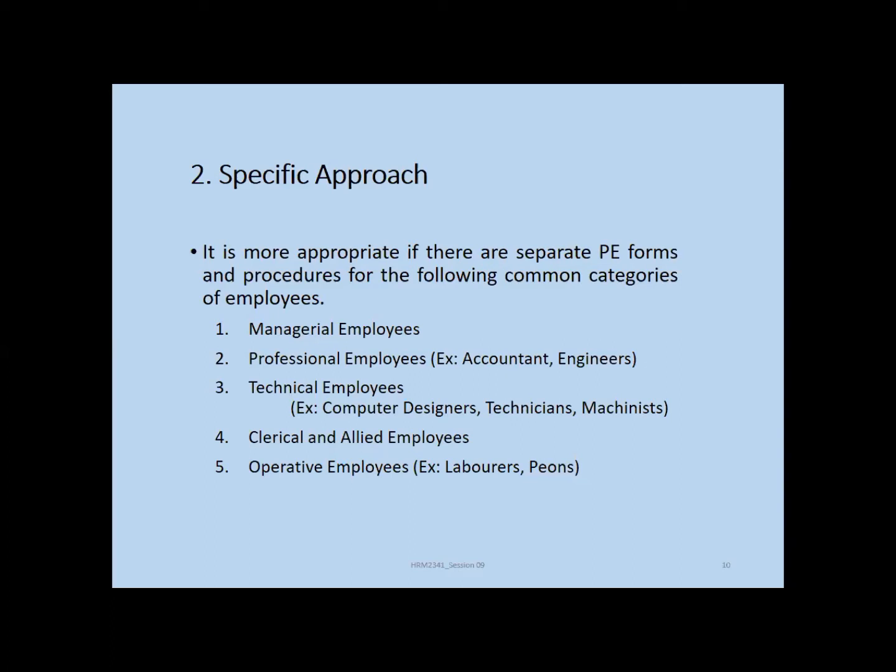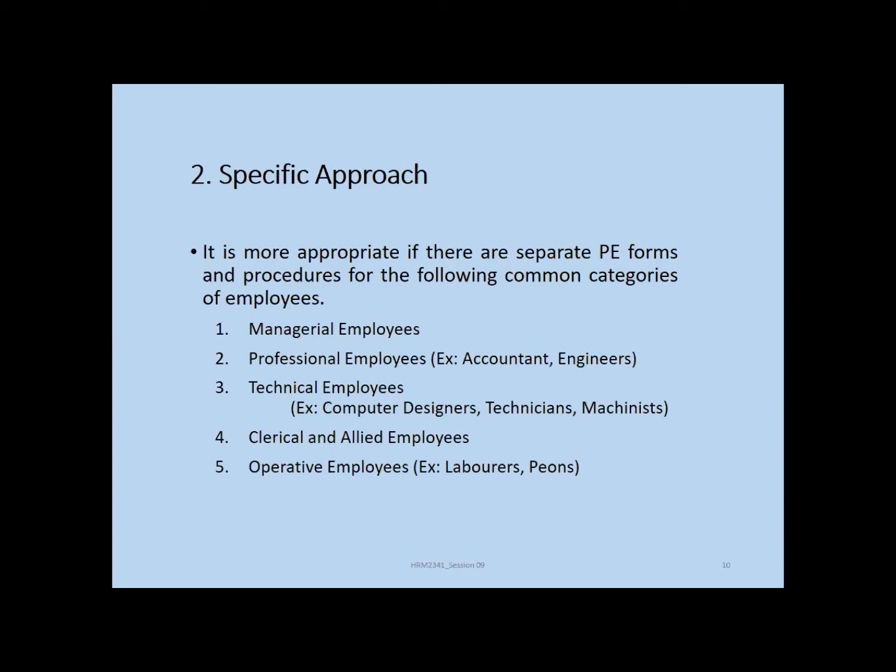Clerical and allied employees: it is better to develop another separate performance evaluation form and procedure. The duties of technical employees differ from the duties of clerical and allied employees. Operative employees are somewhat different from the clerical and allied employees.